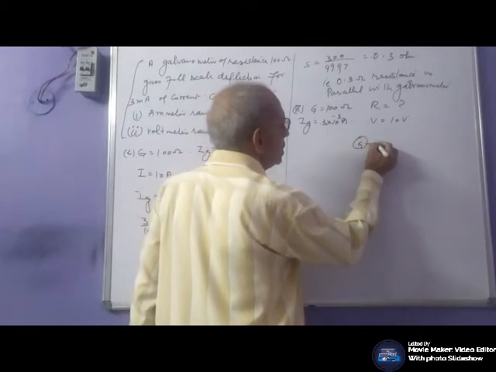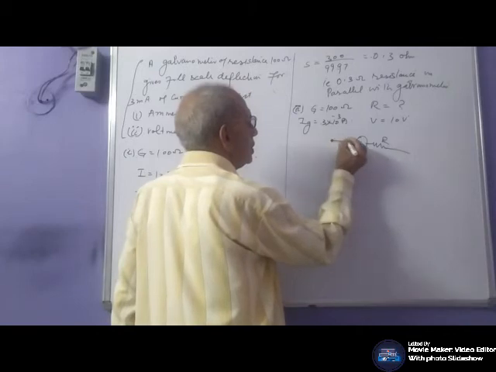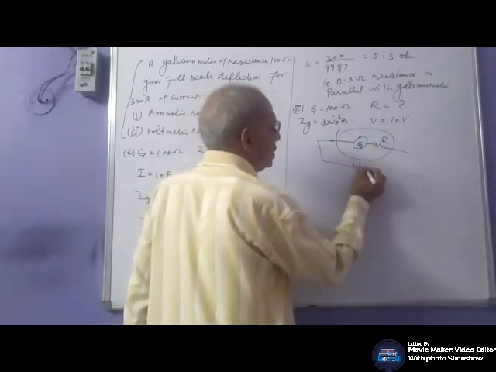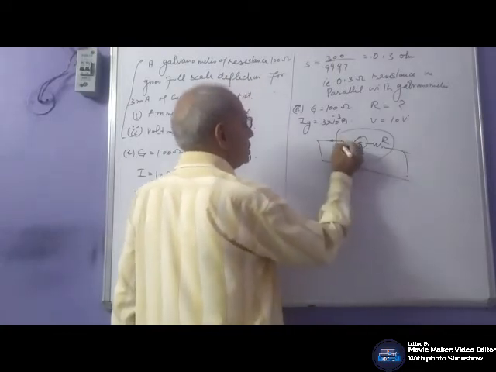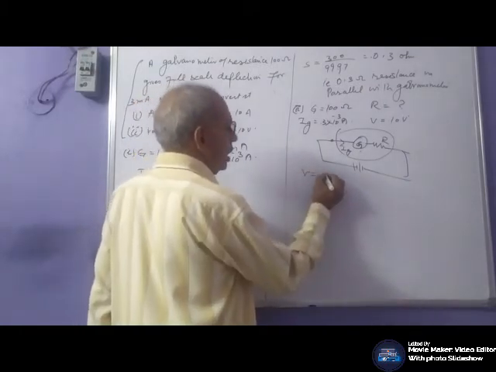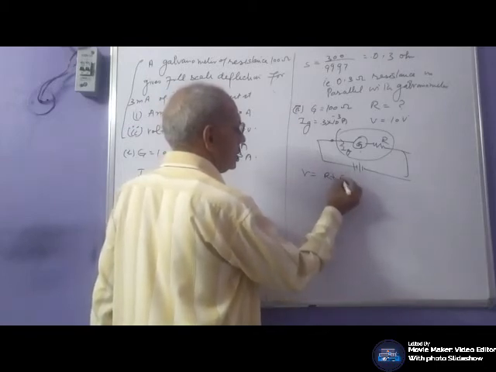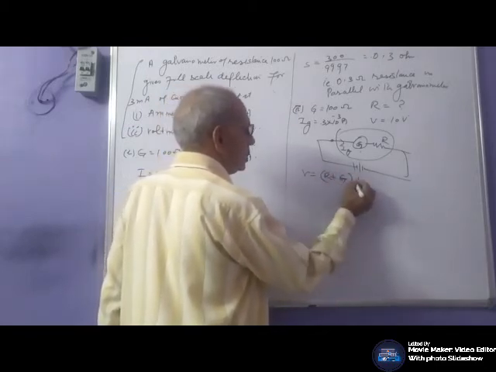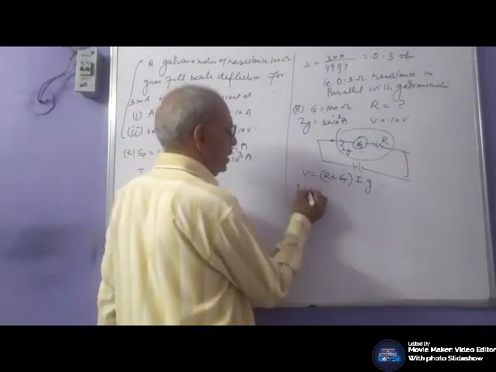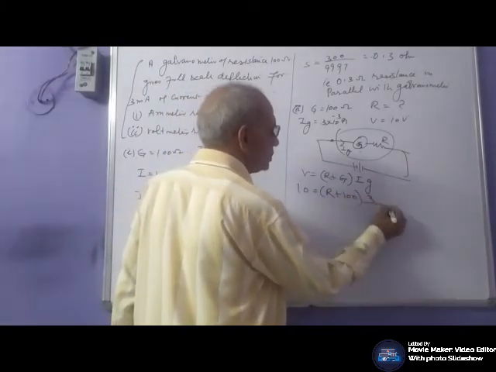So this is G, this is R, this is your voltmeter. V equals R I, V is 10, R to be calculated, G is 100.